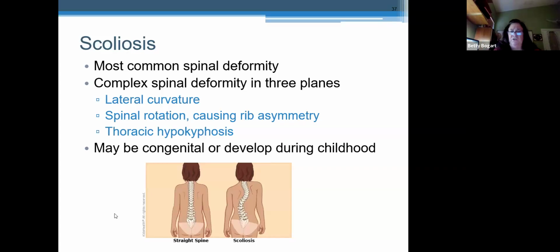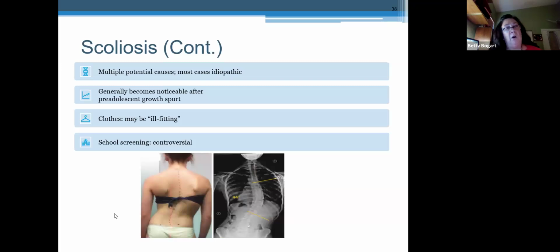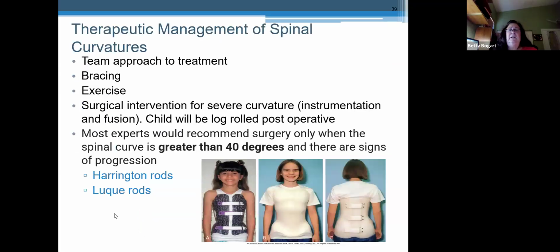So this usually occurs during that pre-adolescent growth spurt. Remember, they grow about 20 or 25% of their height and weight during that time? Well, their spines tend to be more S-shaped during that time. It's where it becomes a lot more noticeable, okay? We don't know why it happens, it just does.